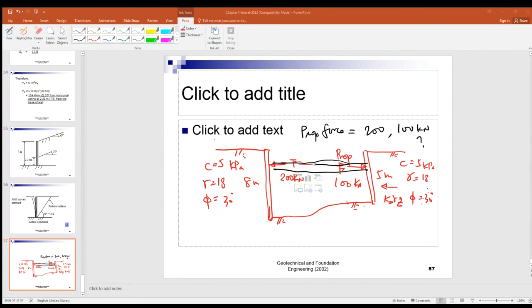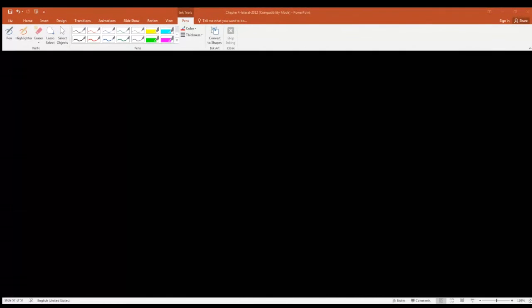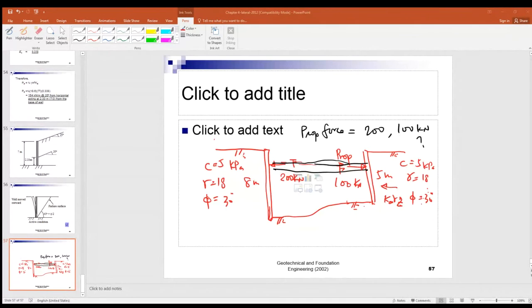If the height of slope is very high, if the height and the theta is very high, in other words, you have a very high slope and the angle is very steep, right?